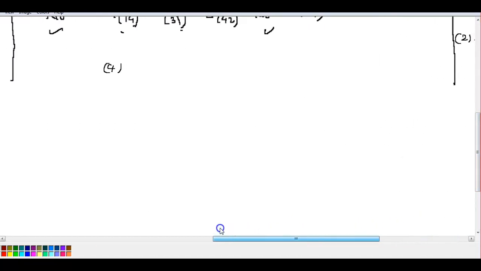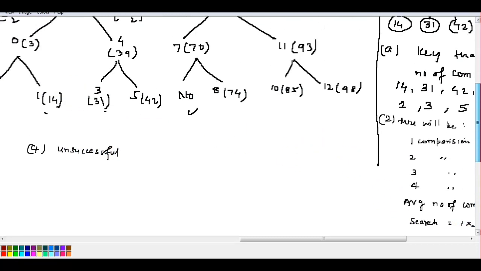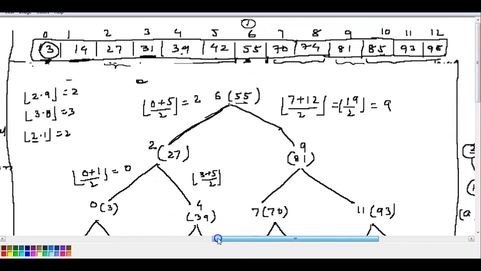So now see here for the unsuccessful. Okay, unsuccessful, first tell me. First element in the array is what? This 3. 3 will compare with the 55, and we know that 3 is less than.